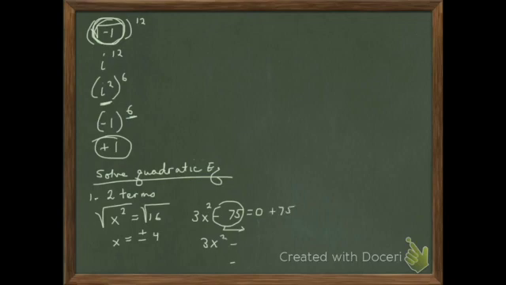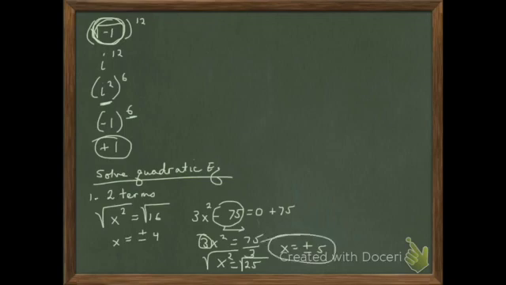That's 3x squared equals 75. Divide by 3. That's x squared equals 25. Take the square root of both sides. You'll have 2 answers. And by the way, I give you that hint that you'll have 2 answers. So x equals the square root of 25 is 5, plus or minus 5.